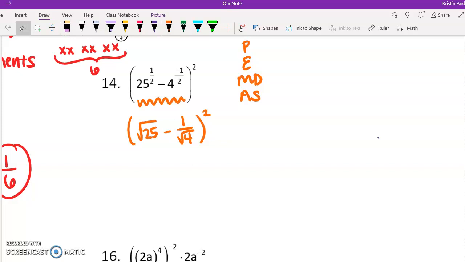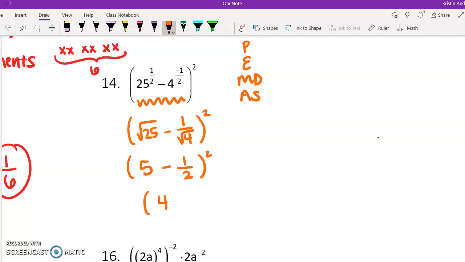So then you're going to start evaluating. Square root of 25 is 5. 1 over the square root of 4 is 1 over 2. What is 5 minus 1/2?